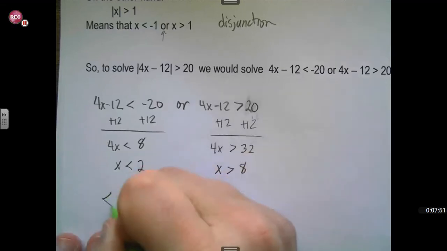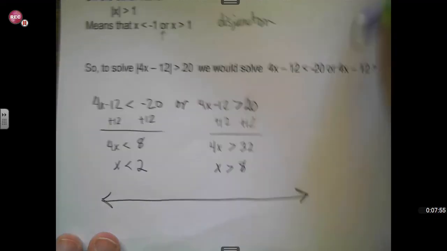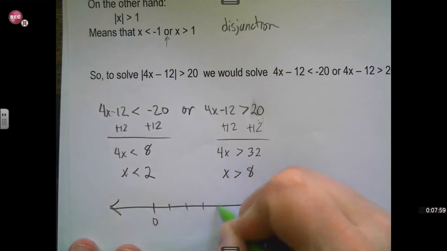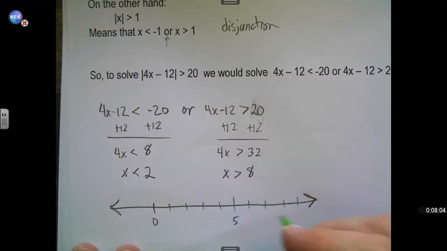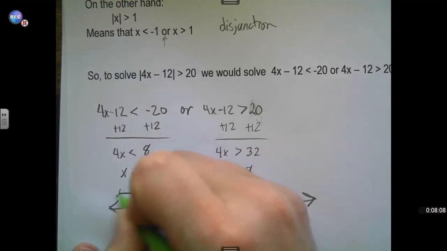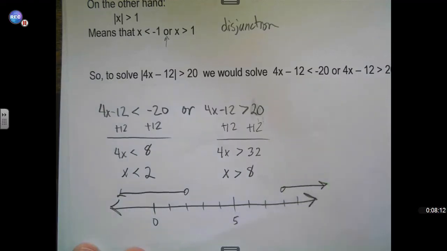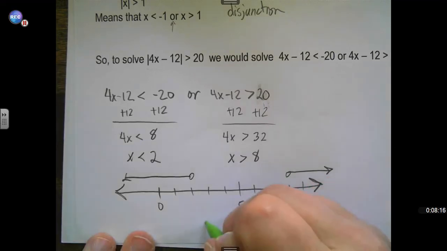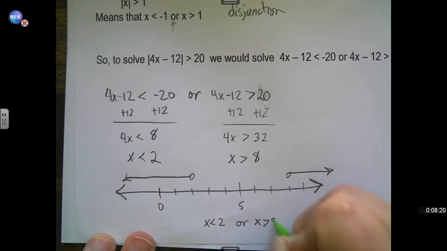Then again, number line, 0, 1, 2, 3, 4, 5, 6, 7, 8, 9. So less than 2 will be an open circle going this way, and greater than 8 will be an open circle going this way. The number line is part of my answer, but also part of my answer is to say x is less than 2 or x is greater than 8.